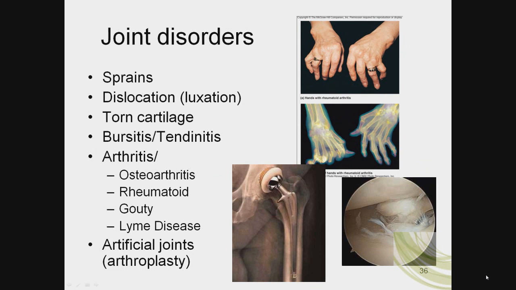Lyme disease is a particularly interesting clinical correlation because the spirochetes are basically anaerobic organisms. They are kind of an eccentric category of bacteria because of their unusual cellular morphology and distinctive mechanism of motility. So they look like a spiral corkscrew, basically.